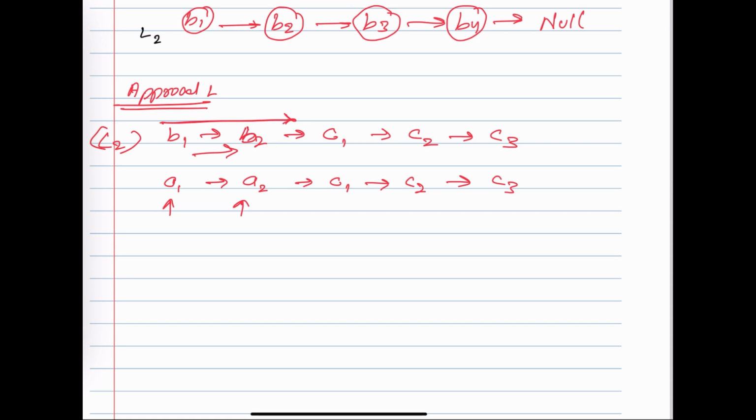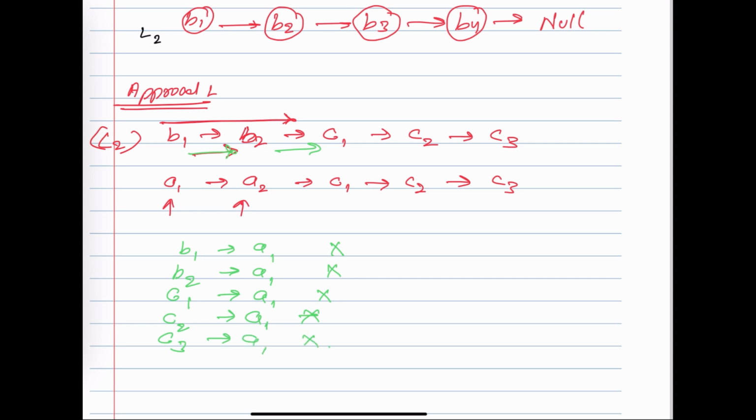So we will be comparing, right? We will compare B1 with A1, which is not equal. Again, we will move one node in list 2, and we will compare B2 with A1, which is not equal. Again, C1 to A1, which is not equal, and C2 to A1, which is again not equal, and C3 to A1, which is again not equal.